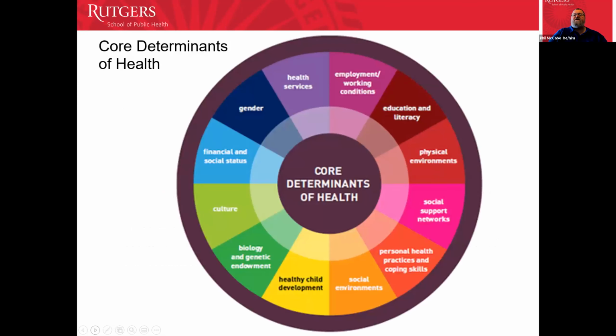Now, there are many core determinants of health that we know can be part of the intersectionality. I'm going to define that word in a few minutes if you're not familiar with it. There are many different core determinants of health that influence us in our health-seeking behavior or health-seeking practices, and also how we ourselves may deliver healthcare services.